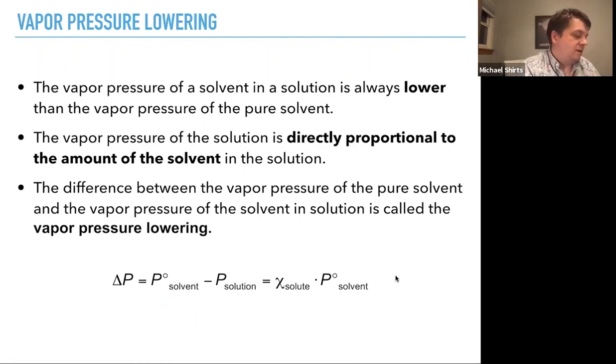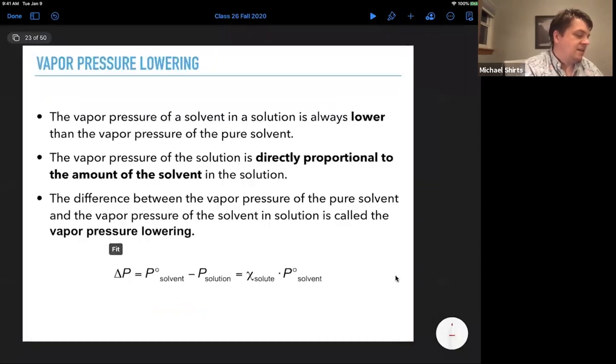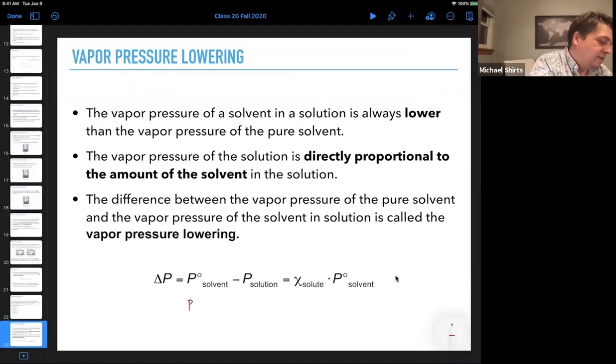Because if you look at this, this is P star solvent, and this is P star solvent times mole fraction solvent. So we factor this out, we get pure vapor pressure solvent times 1 minus the mole fraction of the solvent.